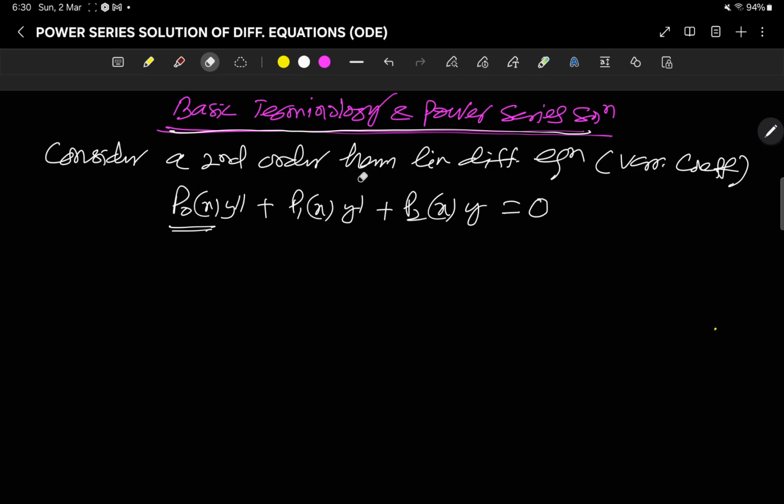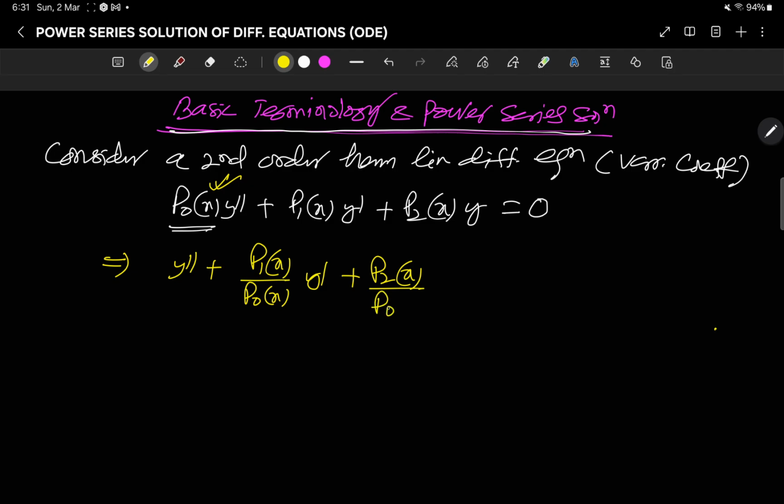Suppose we consider a second order homogeneous linear differential equation. So now it is p0(x) y double dash plus p1(x) y dash plus p2(x) y equals 0. Now if I divide this, my equation becomes y double dash plus p1(x) by p0(x) y dash plus p2(x) by p0(x) y equals 0. Since p0(x) is in the denominator, we must have p0(a) not equal to 0 for x equals a.